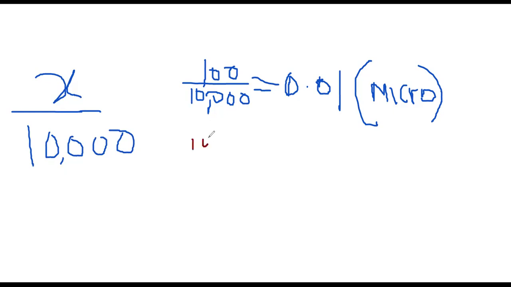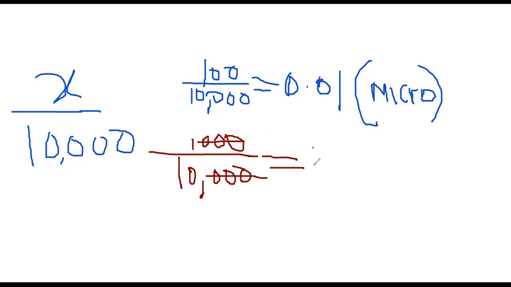That's 1,000 divided by $10,000. Zeros cancel zeros. 1 divided by 10 is 0.1. This is a mini lot size.